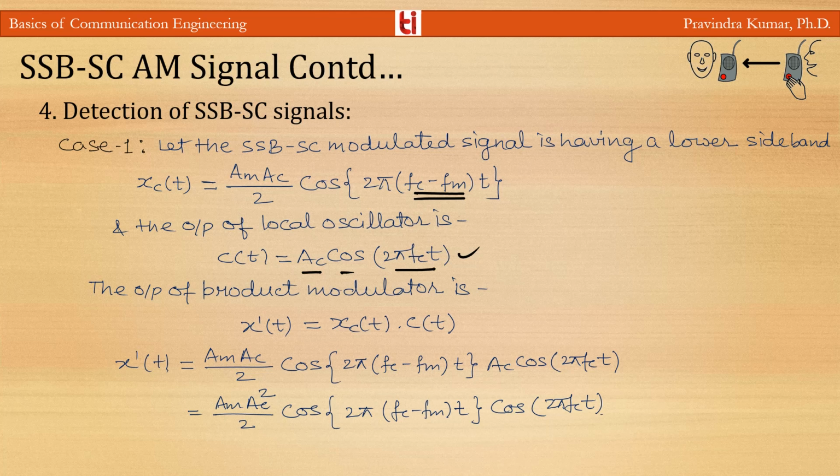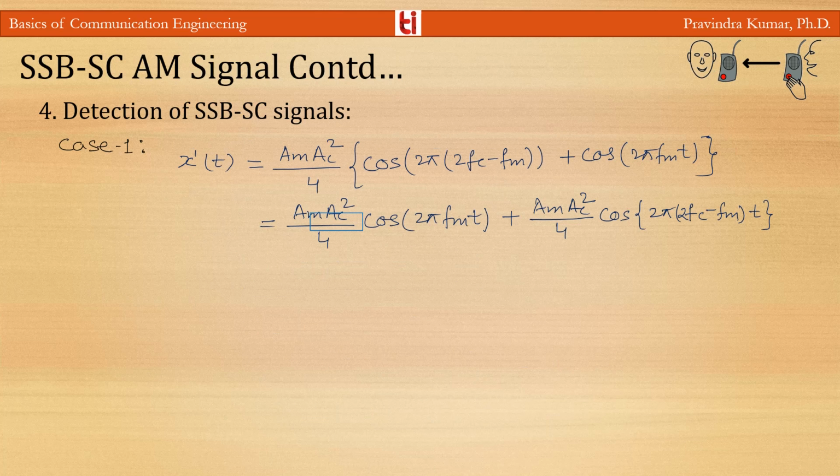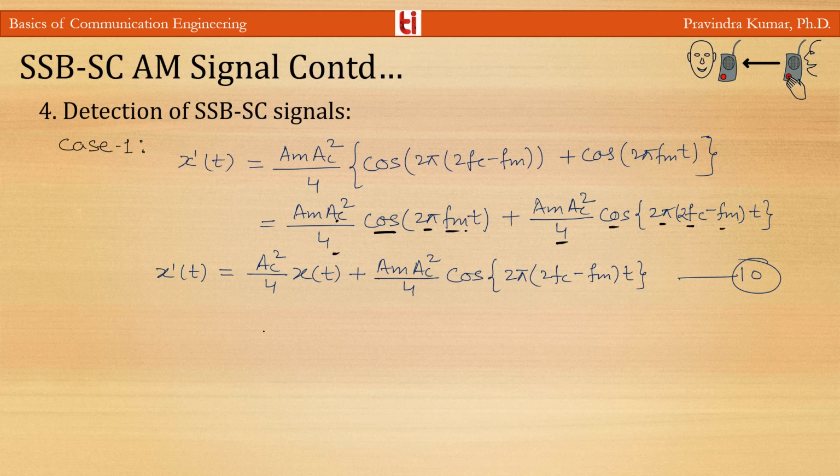or we can write it as A_m A_c square by 2 cos 2 pi (f_c minus f_m) t into cos 2 pi f_c t. And we can write it as A_m A_c square by 4 cos 2 pi f_m t plus A_m A_c square by 4 cos 2 pi (2f_c minus f_m) t.